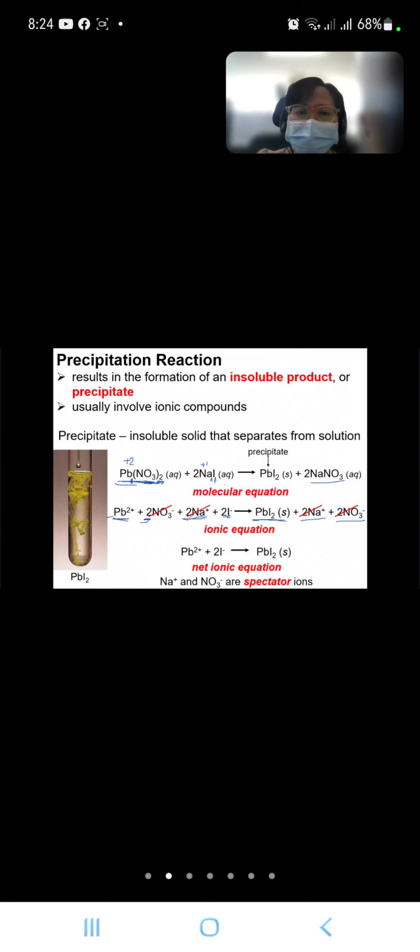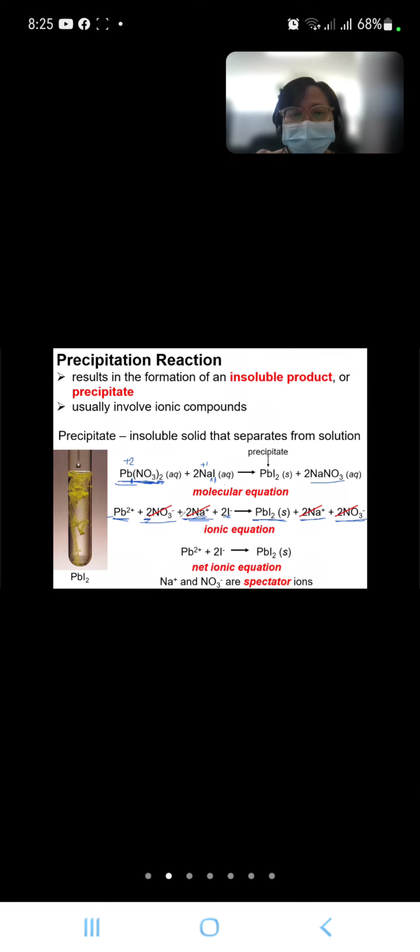Like for example, si sodium ion naa siya sa reactant side, ug sodium ion in the product side. So kini pod si nitrate ion naa sa reactant side. There are also 2 moles of nitrate ions on the product side. So we can cancel these 2 ions. Okay, so we call these 2 ions as spectator ions.